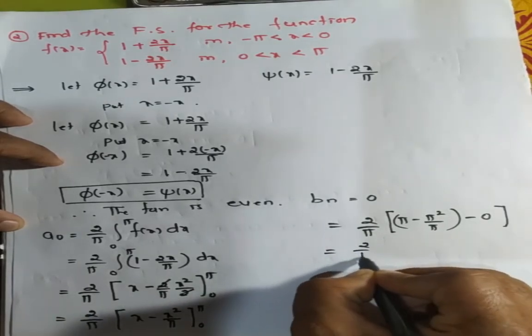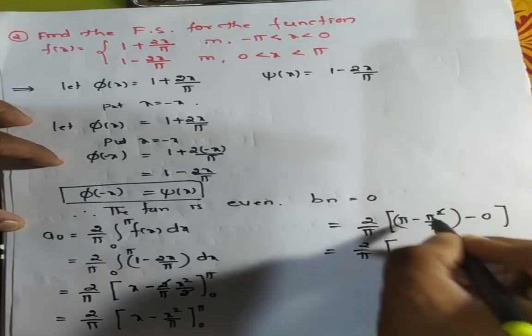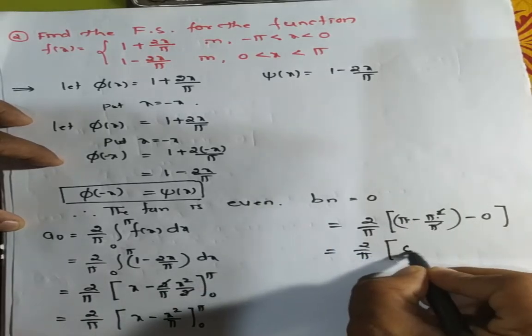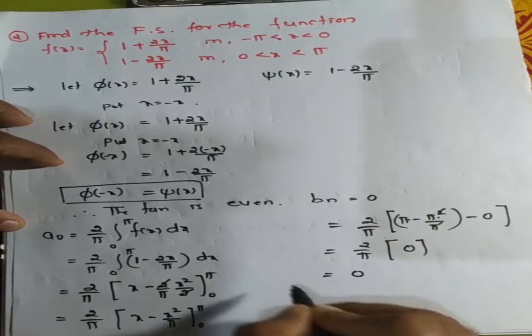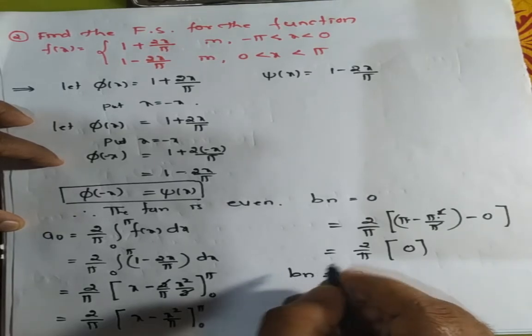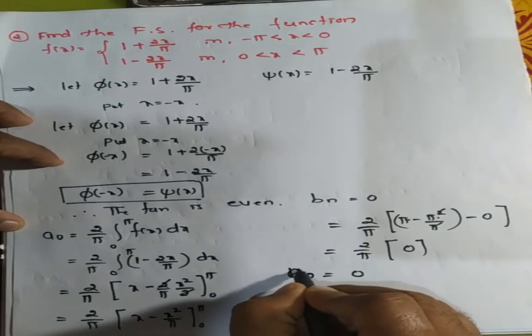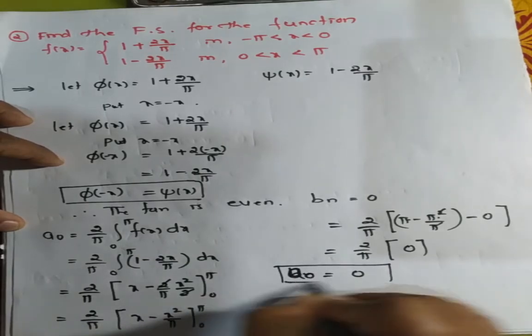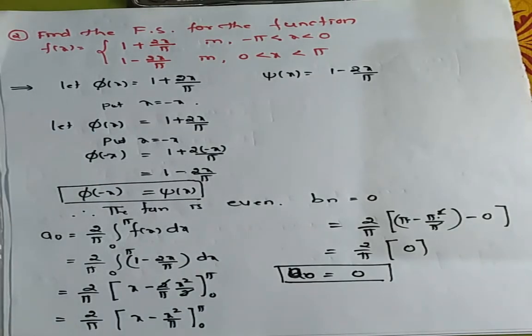So 2 divided by pi bracket, pi cancels, pi minus pi becomes 0. So finally a naught is equal to 0.